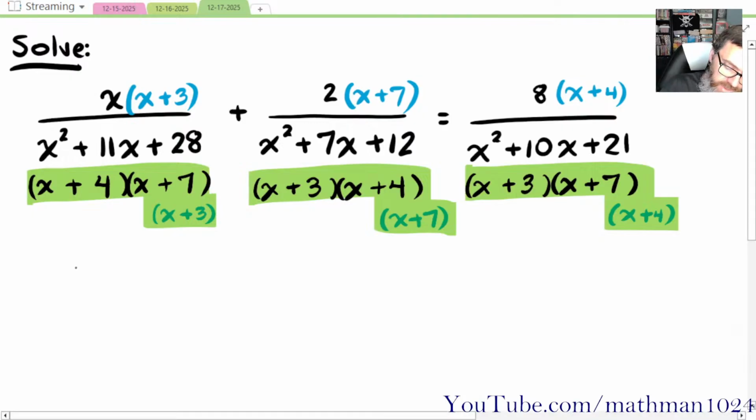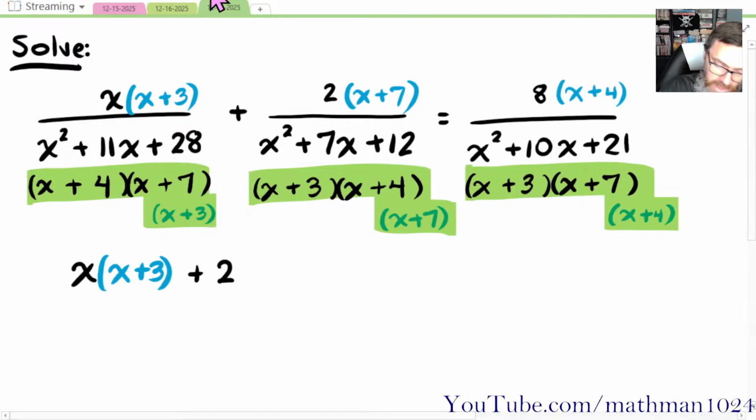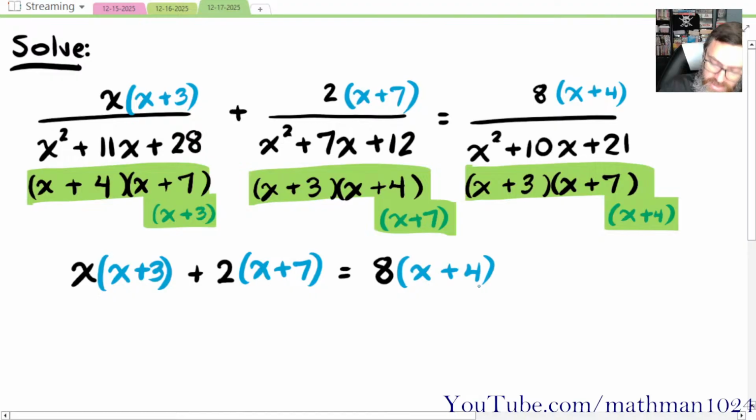So now we rewrite this using our numerators: x times x plus 3, plus 2 times x plus 7, equals 8 times x plus 4.